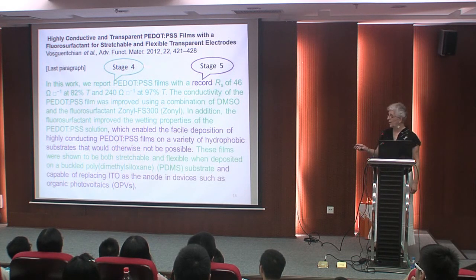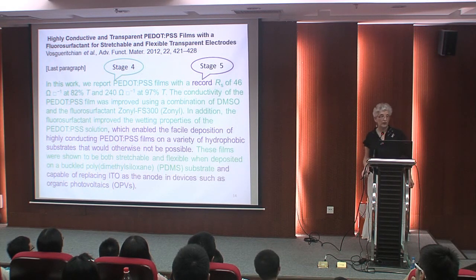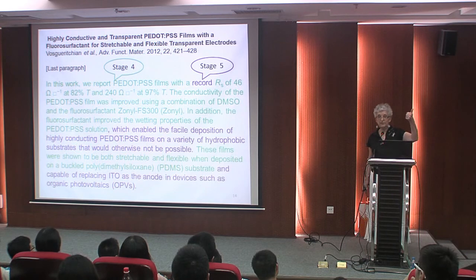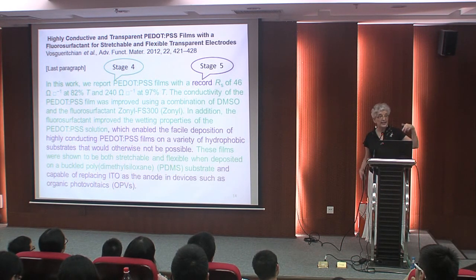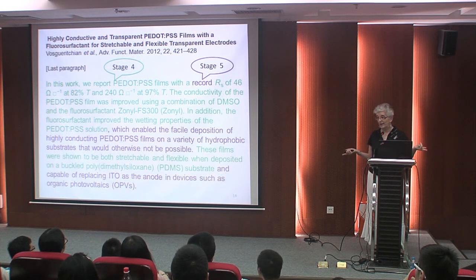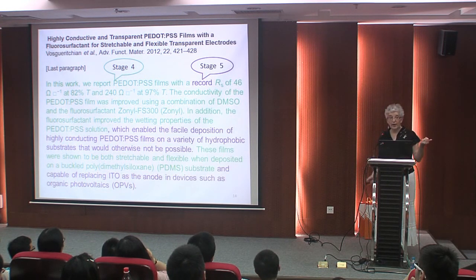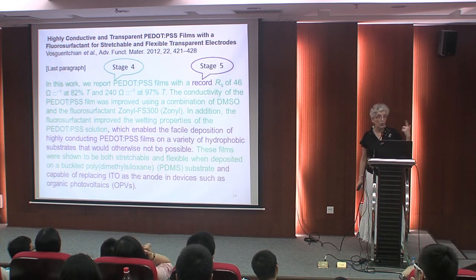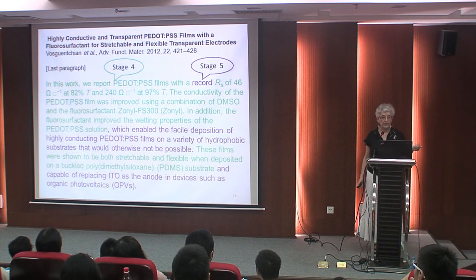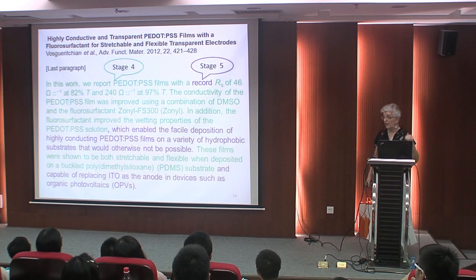Now remember, green type, stage 4, either objective, main activity, or findings summary. Purple, stage 5, value or benefit. See if you agree as I read the sentences with my analysis. This is the last paragraph of the introduction.